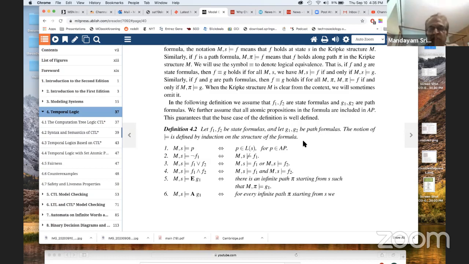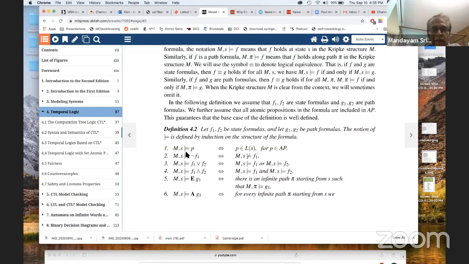In any case, let me go through the formal definition of the syntax, which actually defines the satisfaction relation. Just like the syntax was defined recursively over the structure of the formula construction, the semantics here is defined inductively over the structure of the formula.